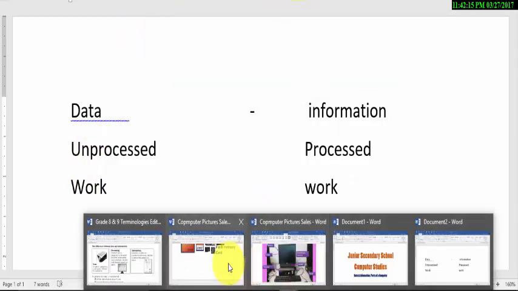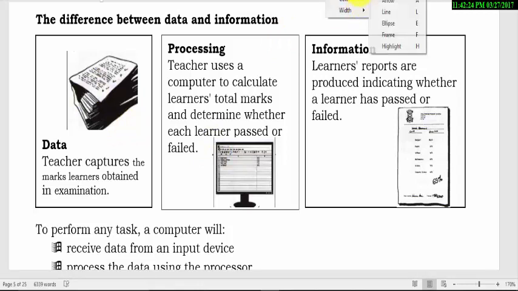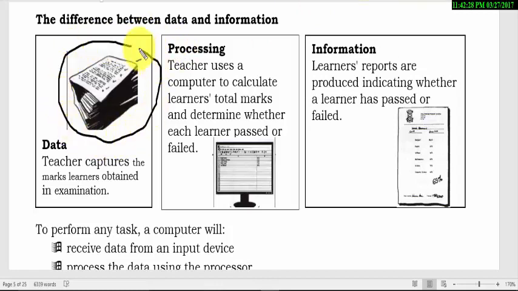We look at our work here. We have discussed the difference between data and information by understanding our pictures. In picture 1, we have the papers of the students. The teacher gave the test and people wrote on these papers. So the teacher gets these papers and starts entering them into the computer.